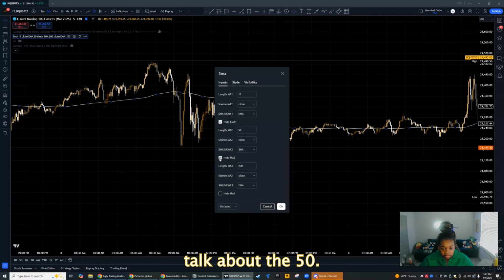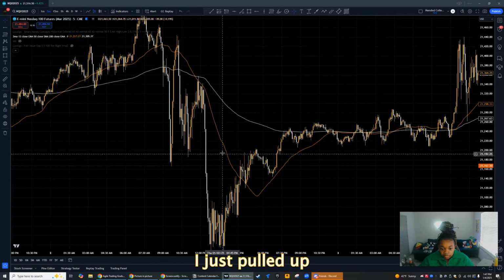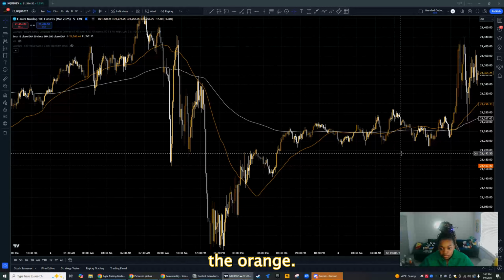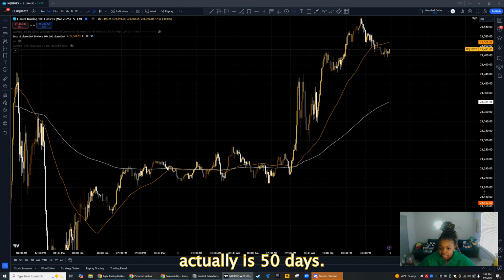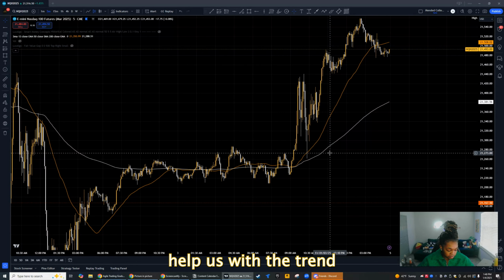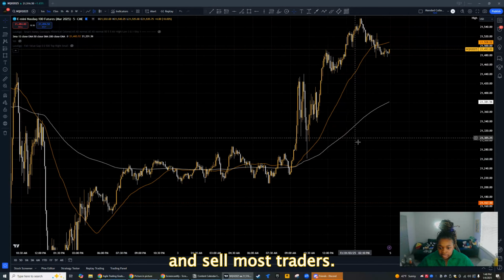So let's talk about the 50. The 50 is what I just pulled up, the orange. That basically tells us the average of price during a specific time period, and the time period is 50 days. They just typically help us with the trend and how to identify when we should buy and sell.